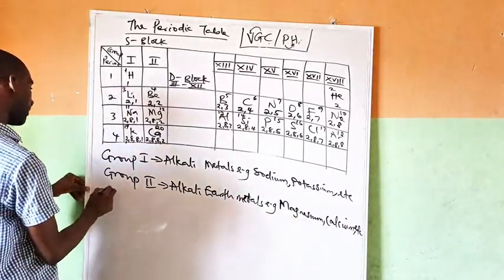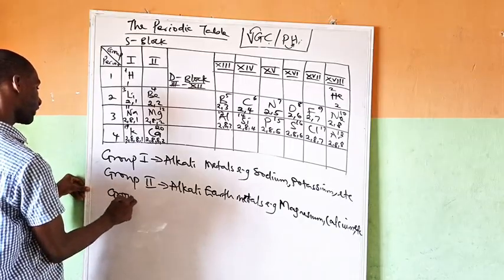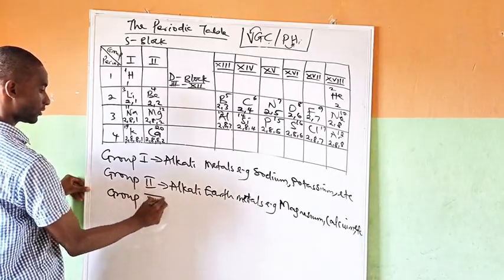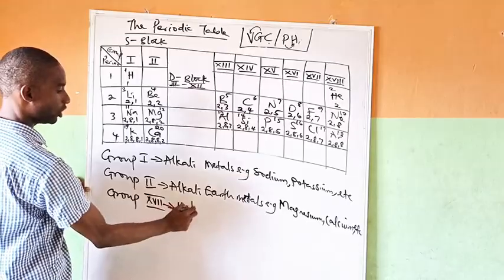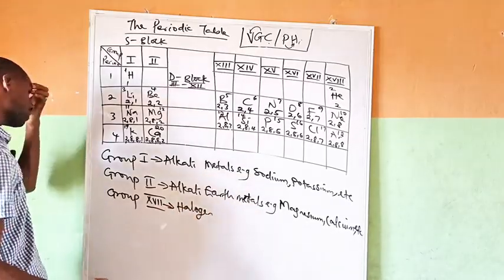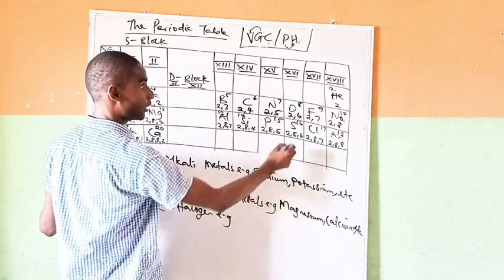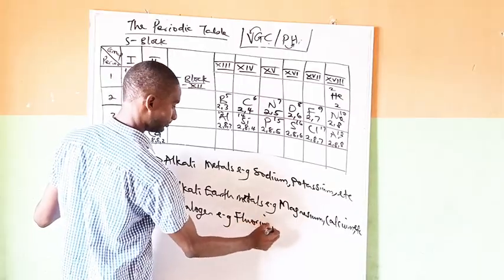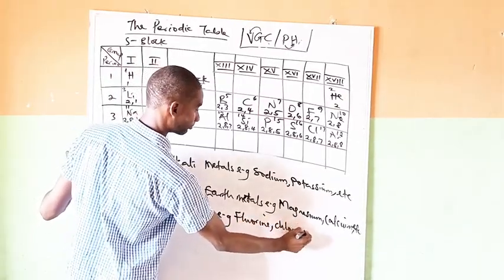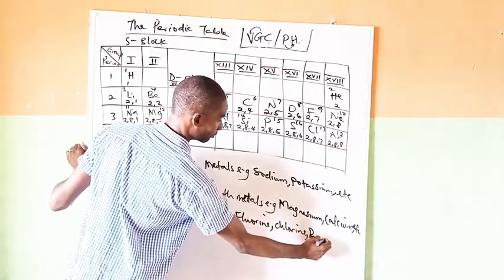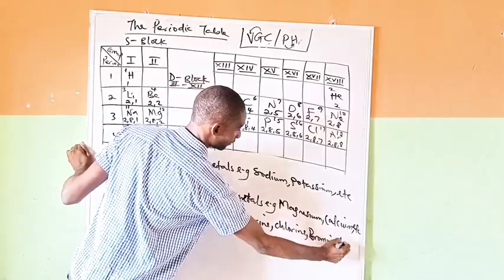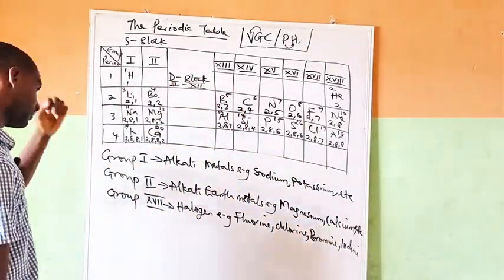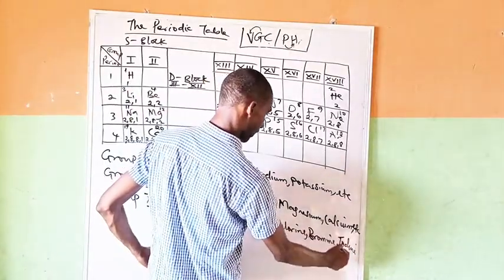Now, let's talk about the group 17. 15, 16, 17. The group 17 are called halogens. Examples of halogens are fluorine, chlorine, bromine, iodine.